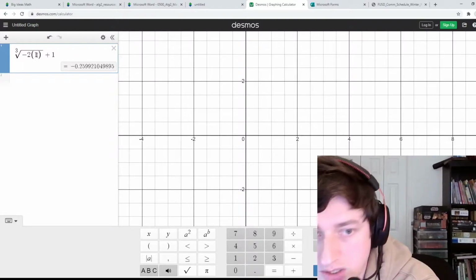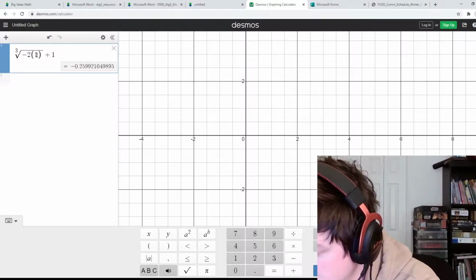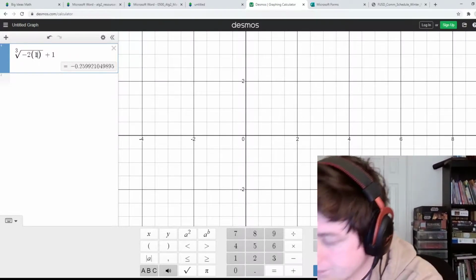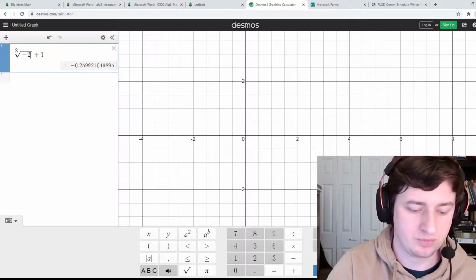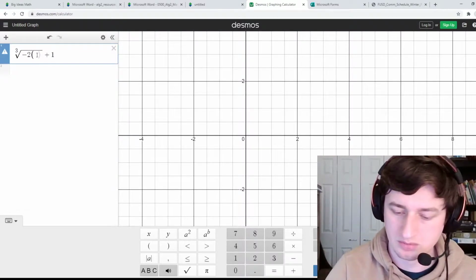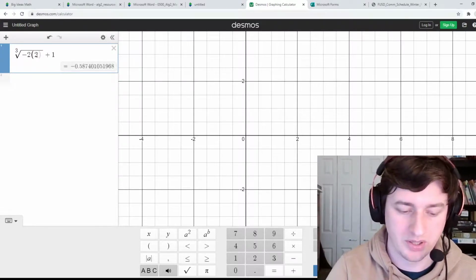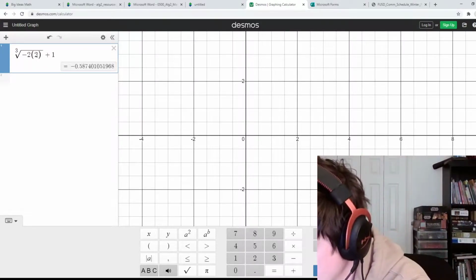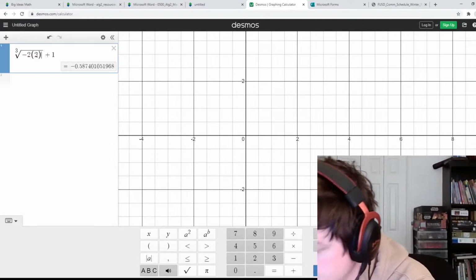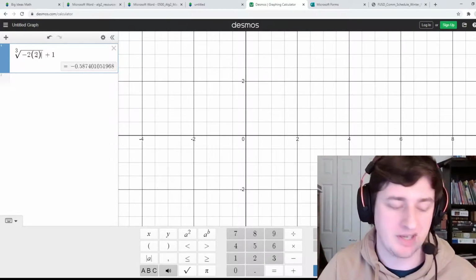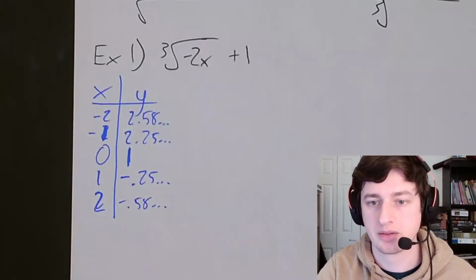And then -0.25. And then I think -0.58. Okay, so my table ends up looking like this.